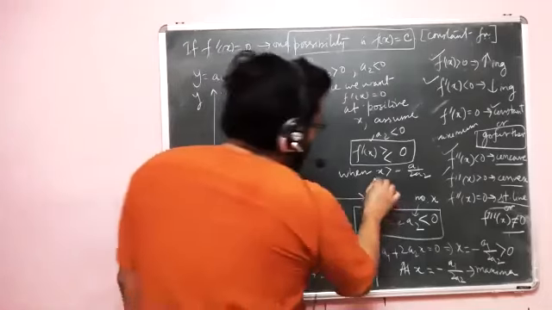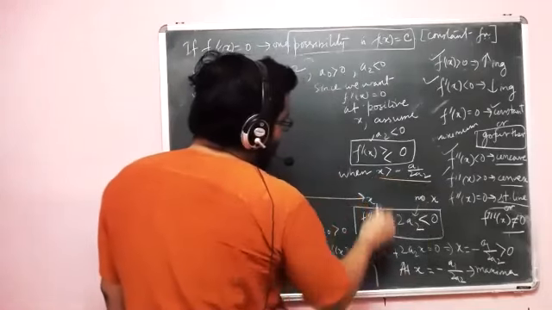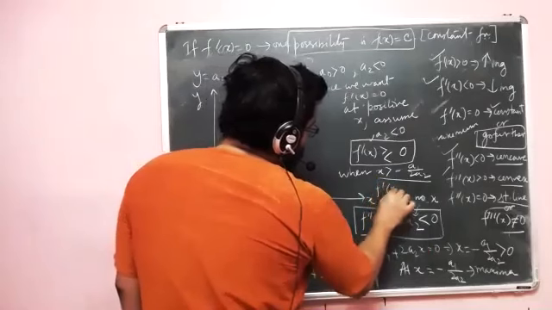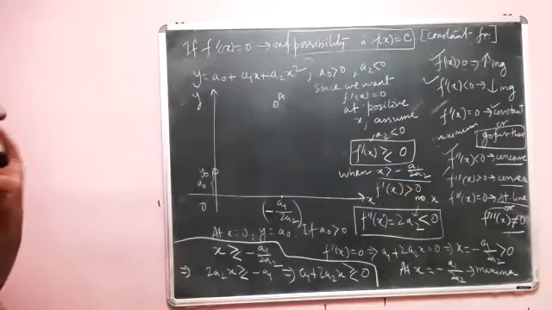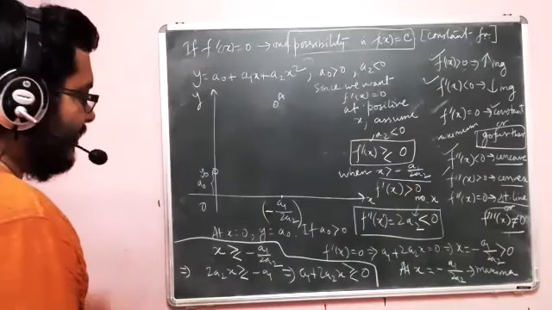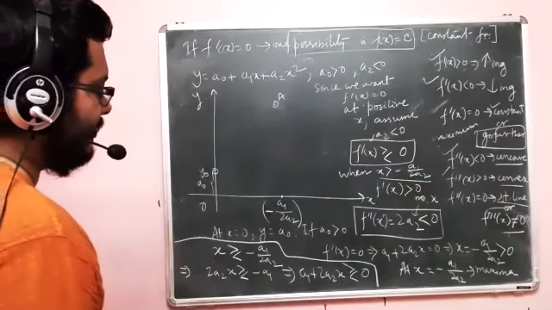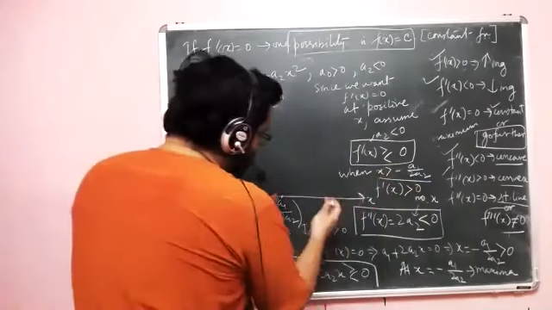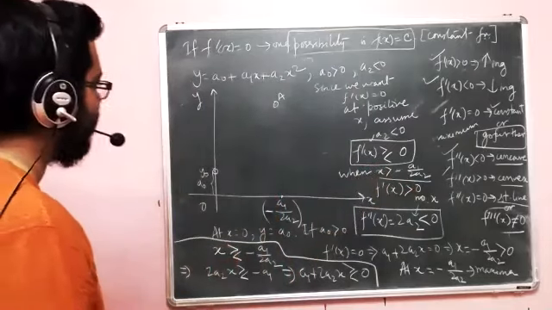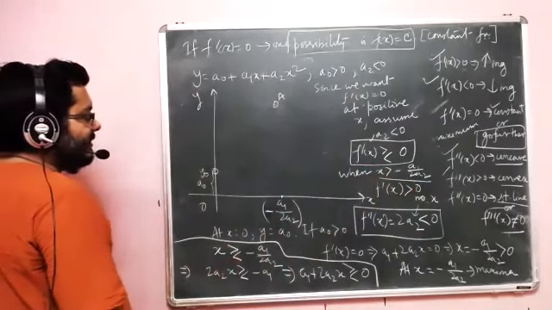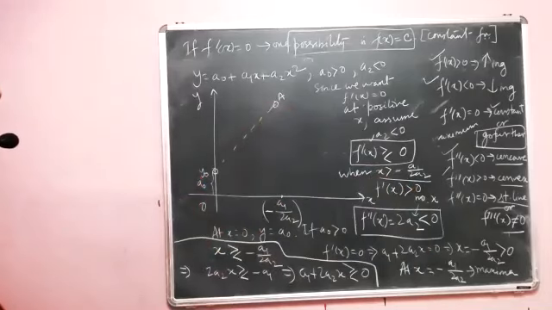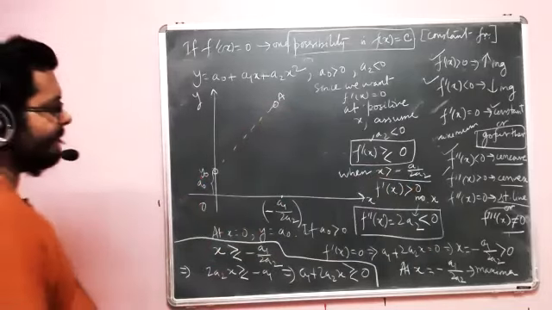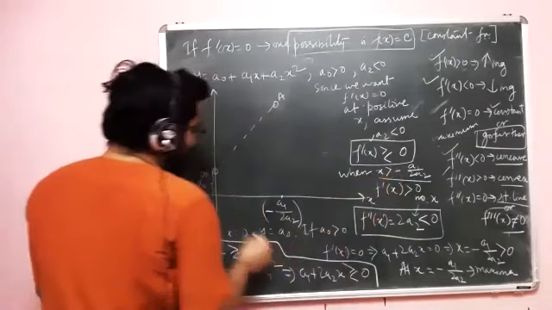Anyway, when x is greater than this, then I have f dash x to be positive. If I take into account the minus sign, then basically I'm saying that in this zone, f dash x is positive, because this is greater than this, so we are in here.